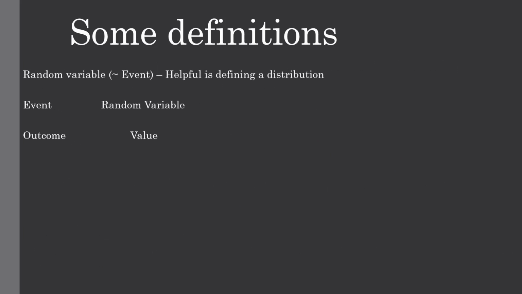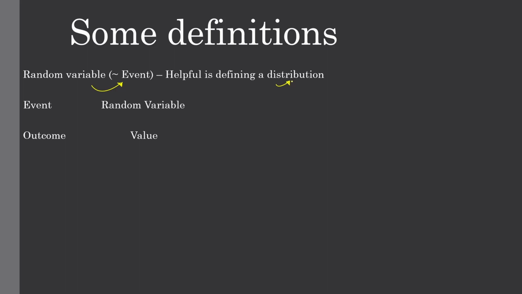So now let us define certain other things. First one is the random variable. A random variable is not much different from an event. In fact, it is the same thing written in mathematical terms. When we discuss distributions, we will see that everything is described in mathematical language, but when defining events, we were using language only, with no mathematics involved.